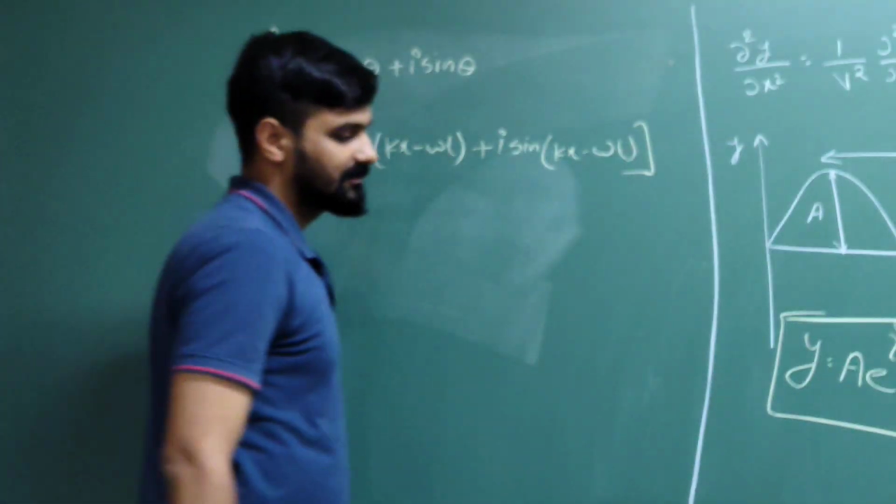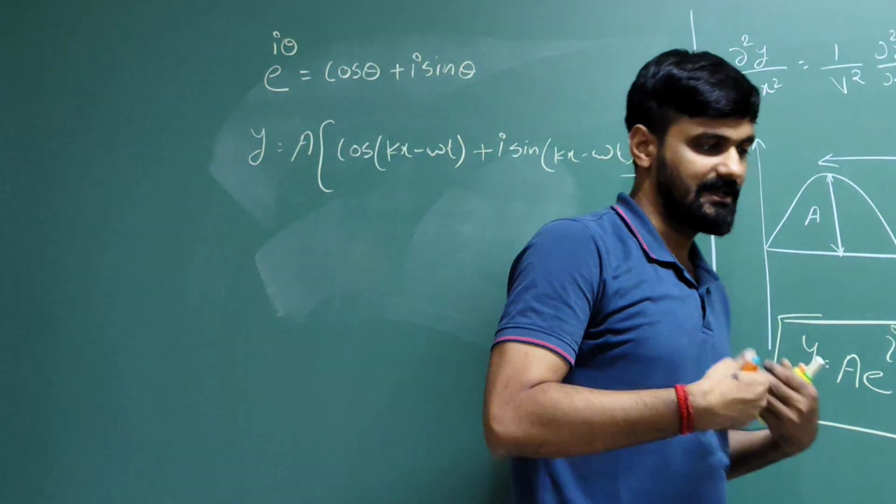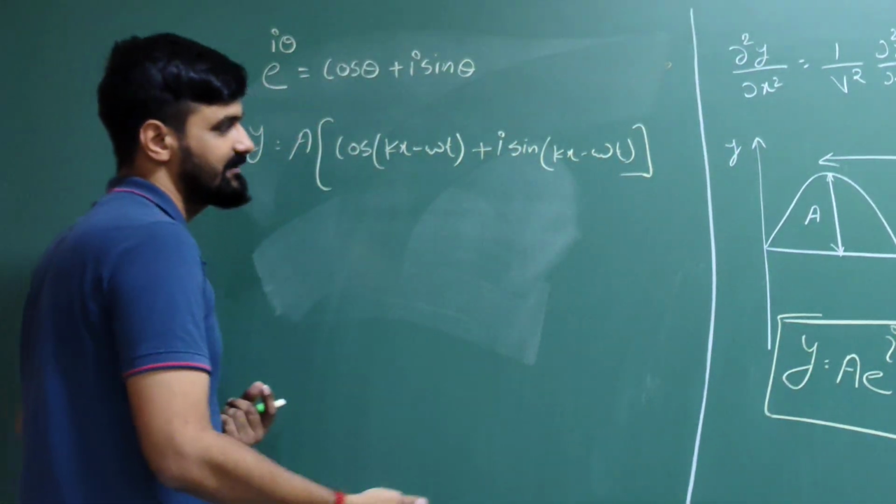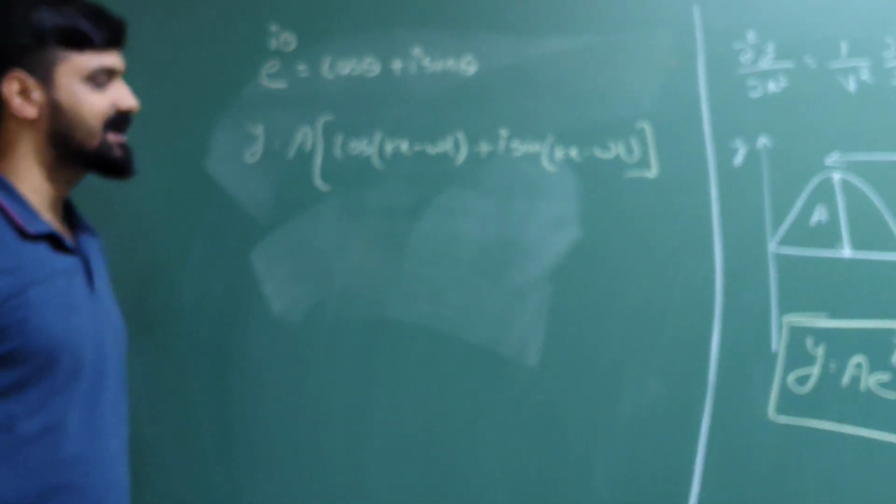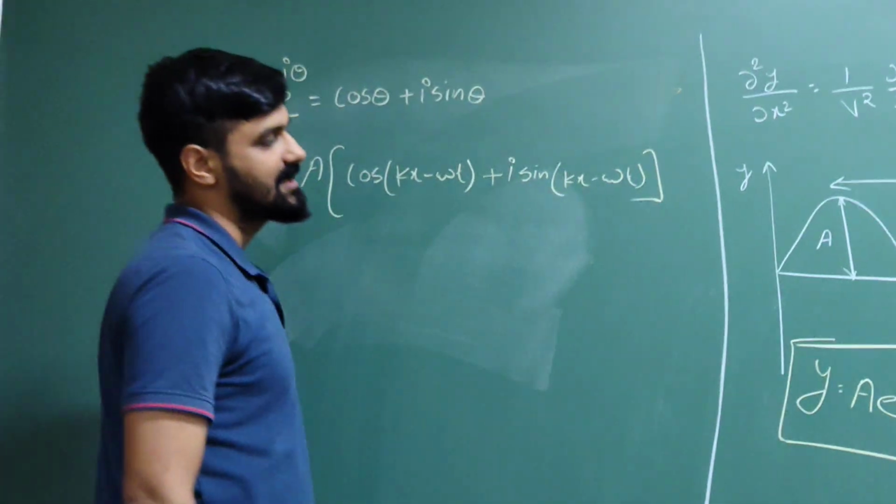Now, if we want to derive the wave equation the way Schrodinger derived it, there are some assumptions that he took care of.